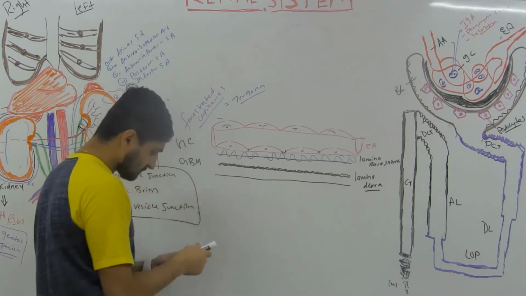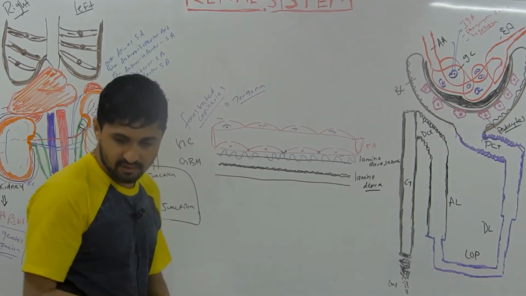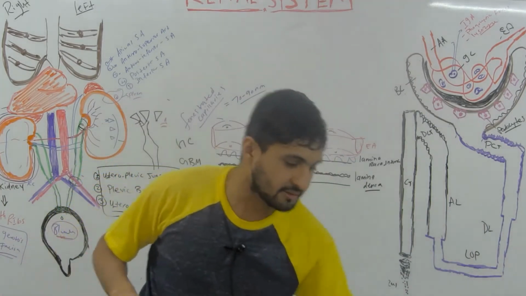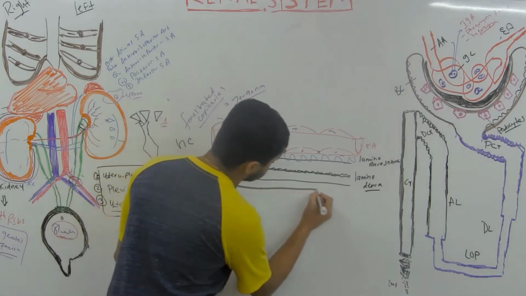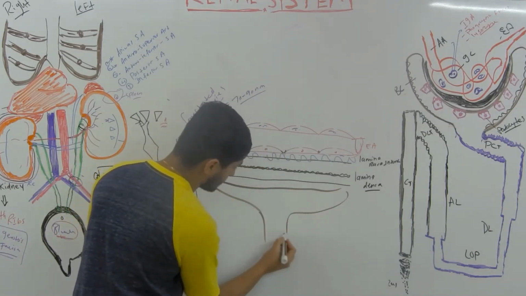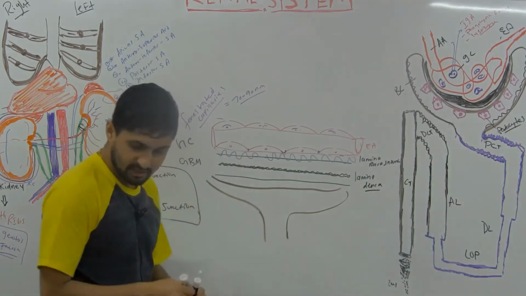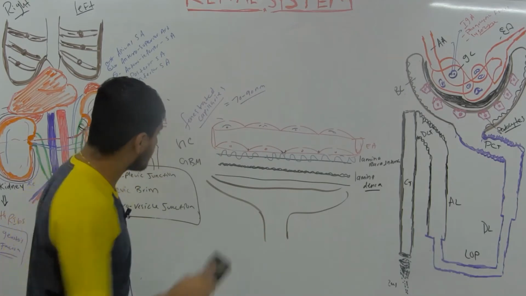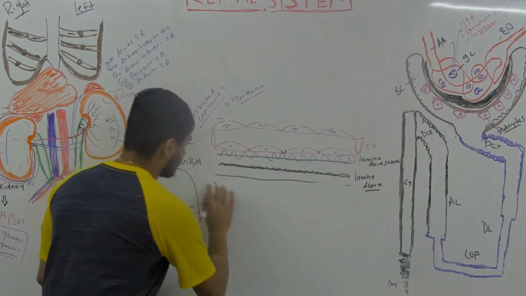And here, there's another cell. We have to talk about this. Let me just draw in a different way.